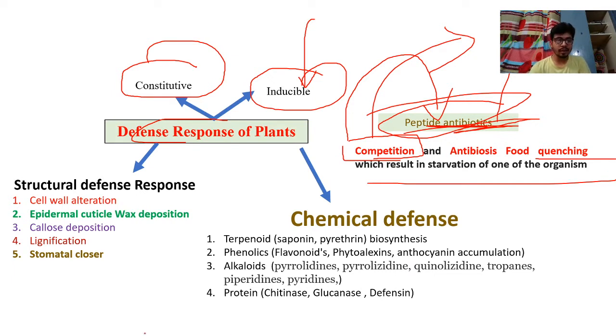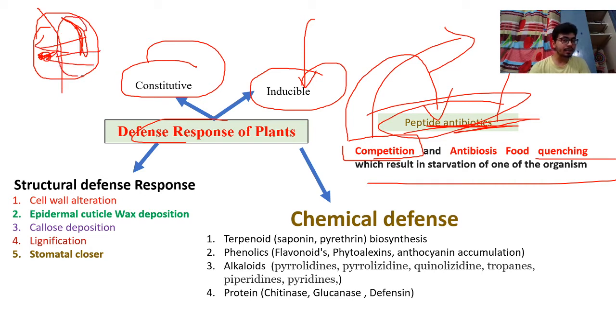Food quenching, I just want to explain briefly, because during my MSc, in my dissertation, I used to drop a fungus and give a bacterial combination. With this bacteria, the fungal growth is restricted. So bacteria have that property.